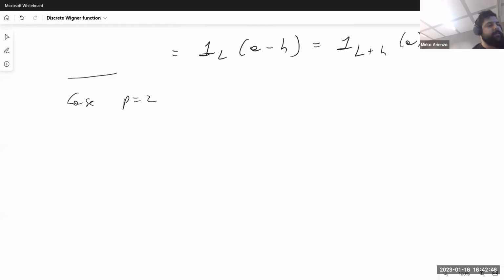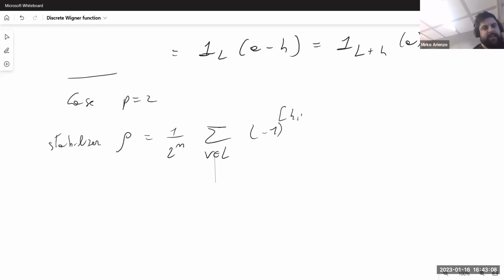So in this case, if you have a stabilizer rho, this is something like 1 over 2 to the n, then you still have the sum over all vectors in the Lagrangian subspace. And in this case, the character has the form of -1 to the h v, but then you have an additional phase, which is nonlinear, and then the Weyl operator.